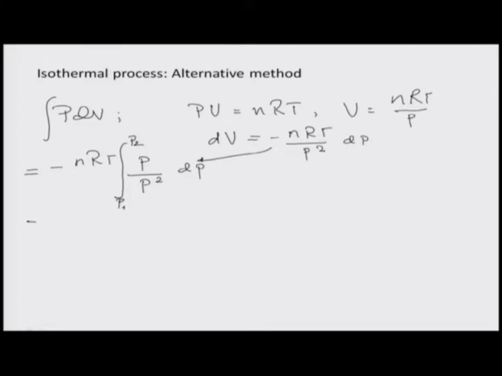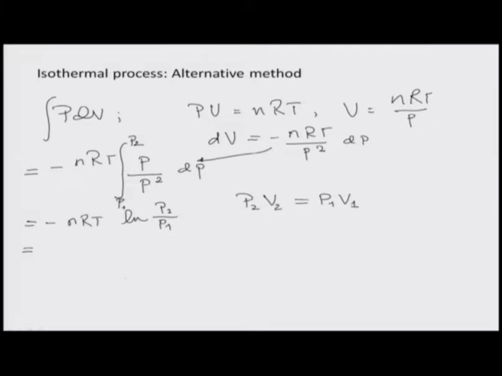What you are getting is nRT log of P2 by P1, since the 1 over P cancels out on integration. Now P2 V2 is equal to P1 V1.